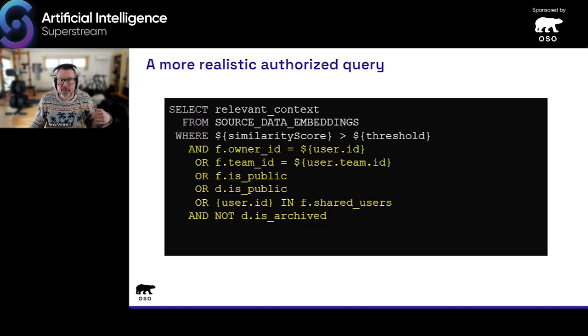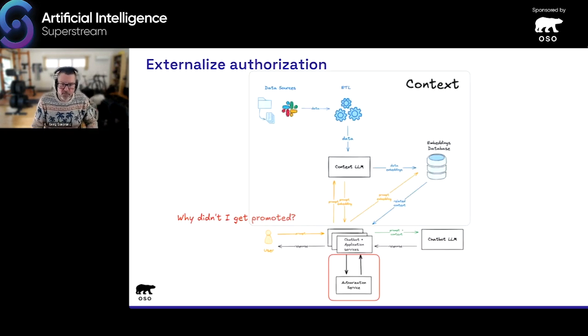So when this happens, one thing that a lot of people start to do is to externalize that authorization logic. You can move it into a separate function. You can move it into a separate module in your application. Sometimes you can also just use a dedicated service. Some people write their own services.